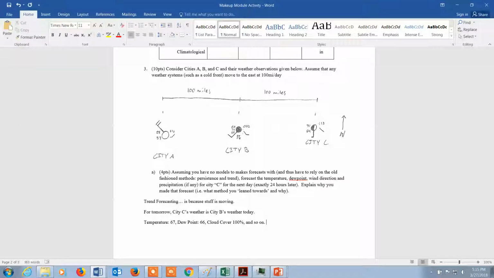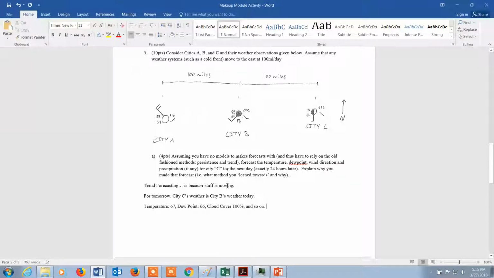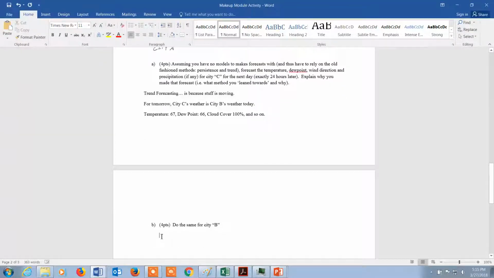Basically, whatever the weather was at city B today is going to move 100 miles to the east, so it's now at city C. And then the same thing is true between city A and B. Whatever city A's weather is today, that's going to move 100 miles to the east and be over at city B.